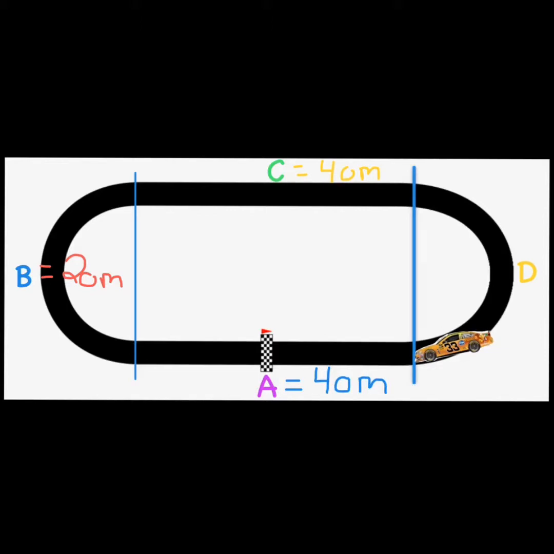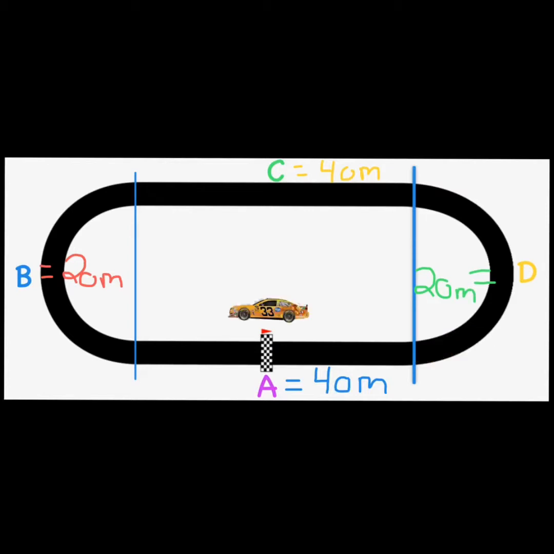And just like our previous example, from here around the turn to here is the exact same distance as from this blue line around to this blue line, because the two lines come straight down across the track, which means B is the same distance as D. So therefore, D must be equal to 20 meters.